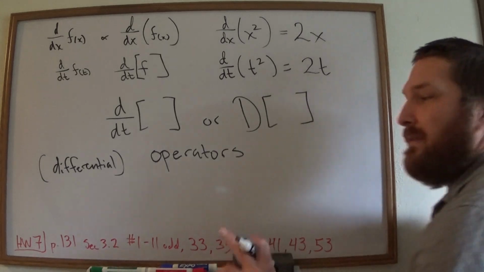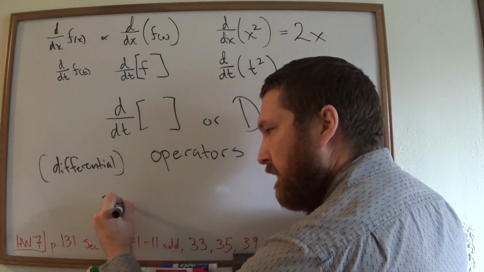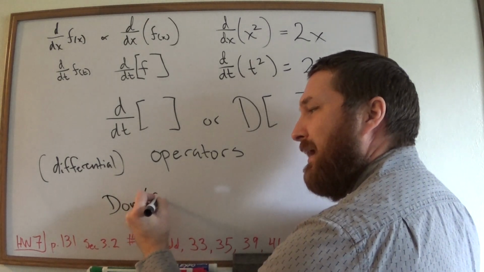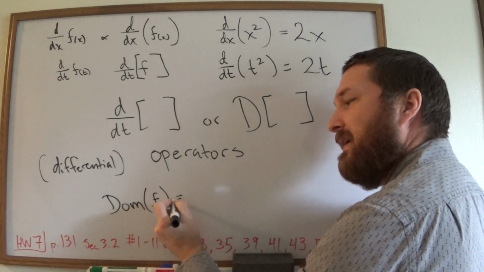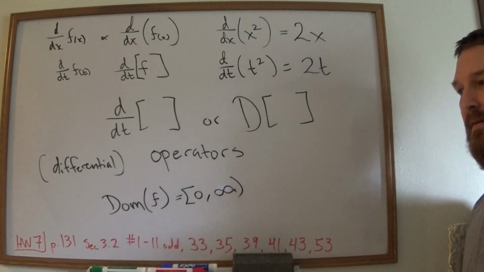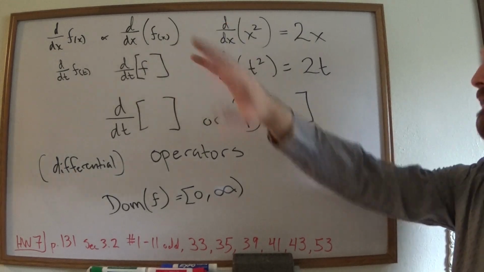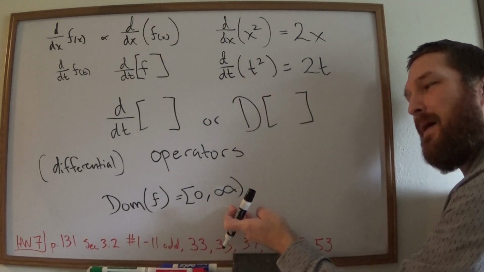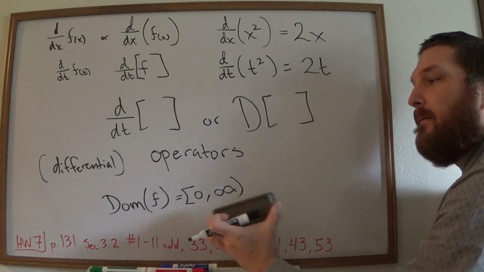And we've seen something like this before. We've had the domain function. It's not an operator because it takes a function and gives you back a set, right? So it takes a function as an input but gives you back a set, so it's not an operator.